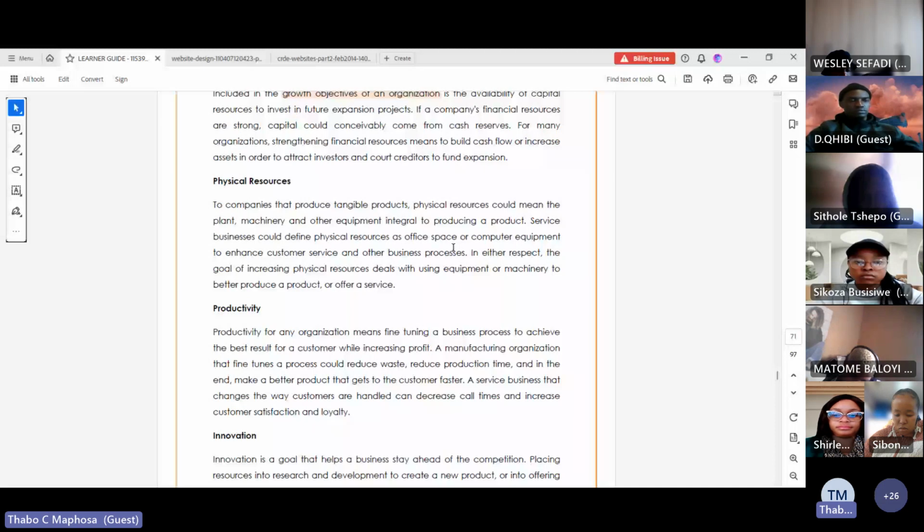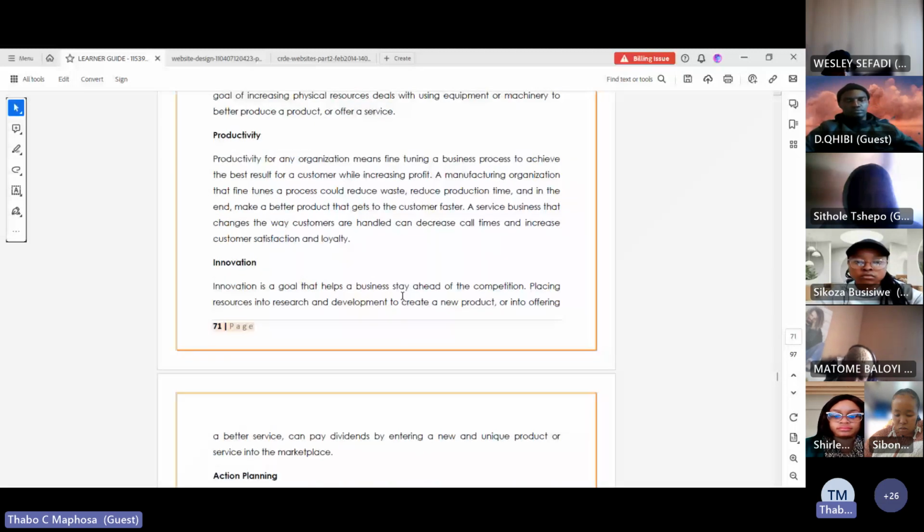And then there is productivity. For any organization, productivity means fine-tuning a business process to achieve the best results for a customer while increasing profit. I've noticed that, especially when it comes to productivity, a lot more companies strive for quantity more than quality. But productivity mostly deals with a balance of both quality and quantity.